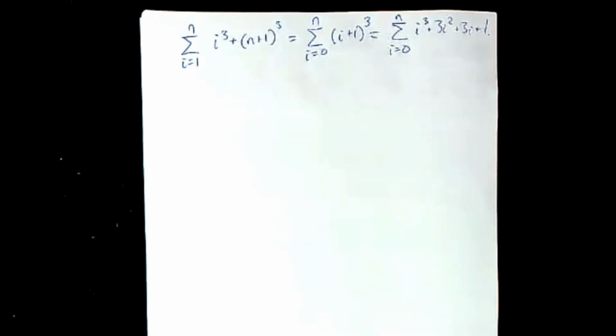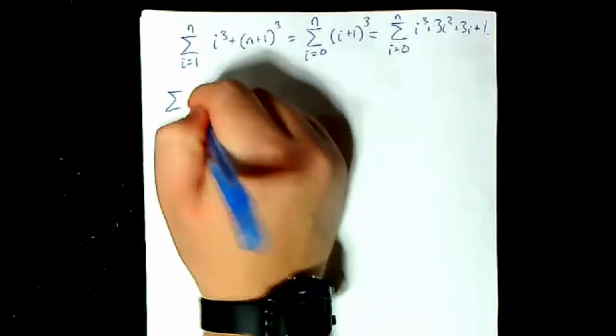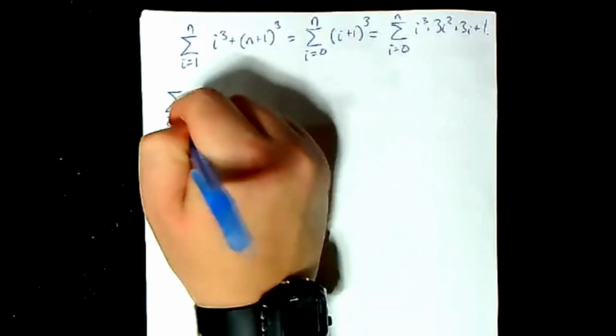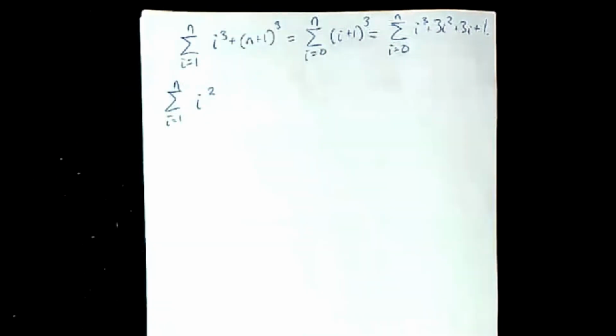We are to use the fact that all of those are equal to then find a formula for the sum of i squared as i equals 1 to n, and then compare with the formula given.